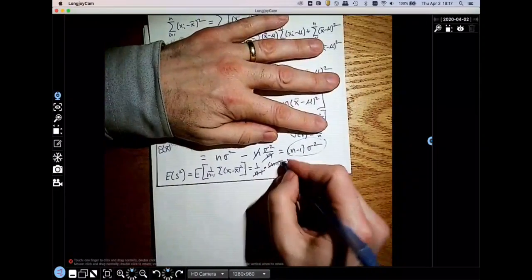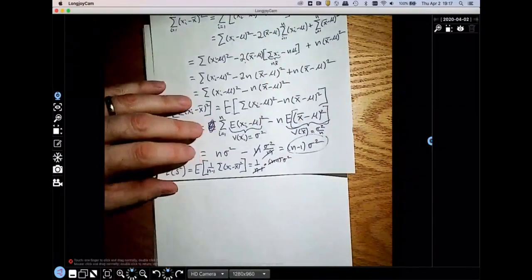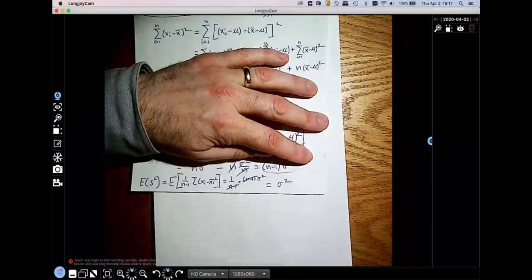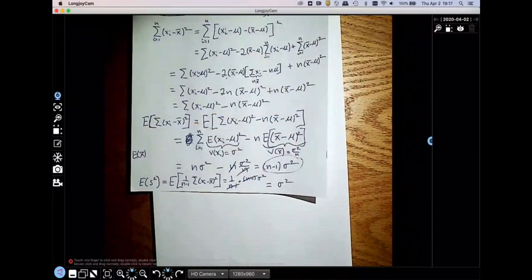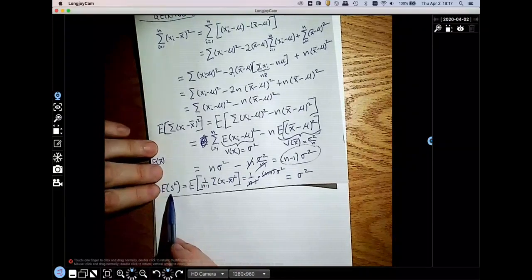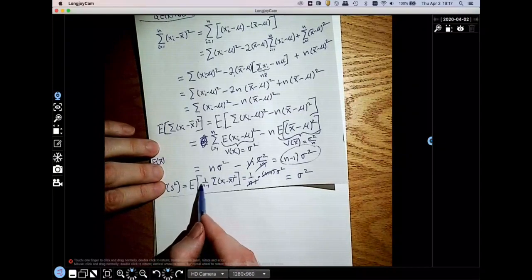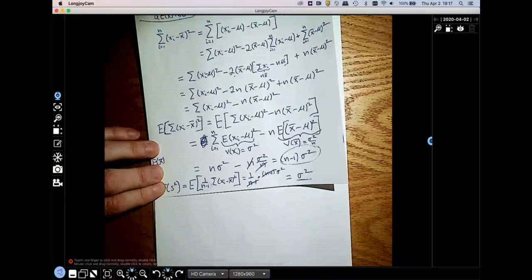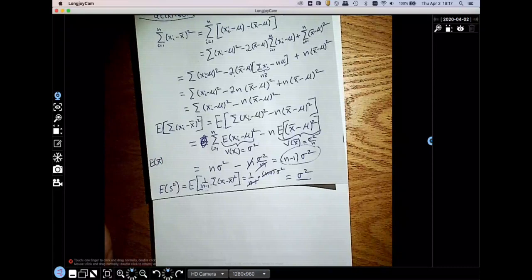And notice my n minus 1's go away, and we're just left with sigma squared. So what we've just shown is that on the average, s squared using this n minus 1 denominator gives us the correct variance.